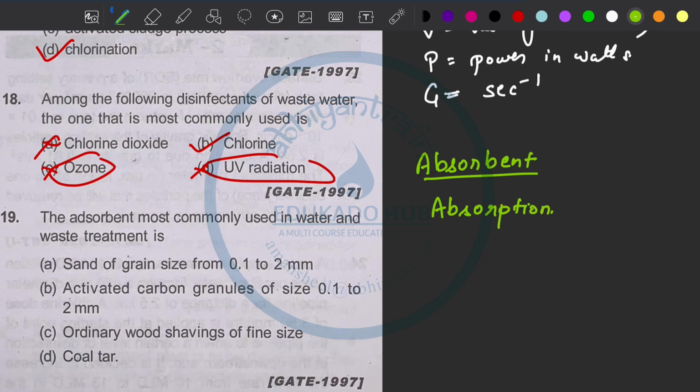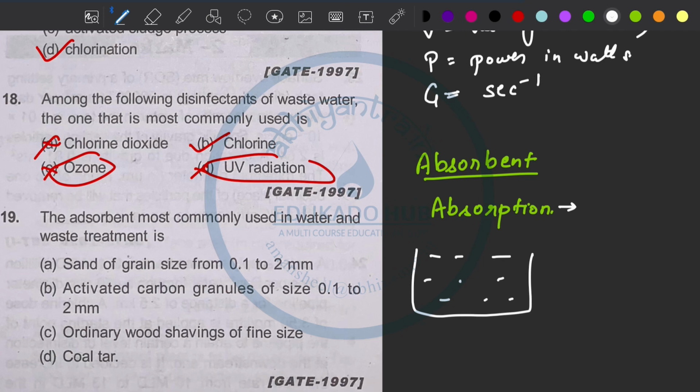Absorption is a natural process by which molecules of any dissolved compound are taken up. When water is turbid, there are dissolved compounds we can see, but there are some dissolved compounds that we can't even see, and those are not good for drinkable water.